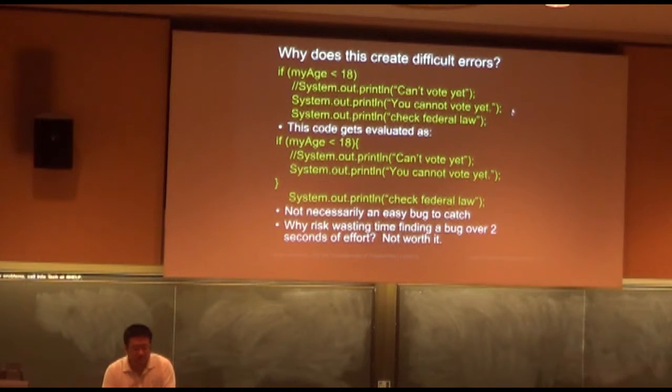But this second print line is a second statement. There's a second pair of semicolons here. It's a second statement. So that means that the first statement is going to be part of the if statement, and the second statement is going to be independent. And because of that, your code is going to run like this, and not as if these two are part of the same curly braces.